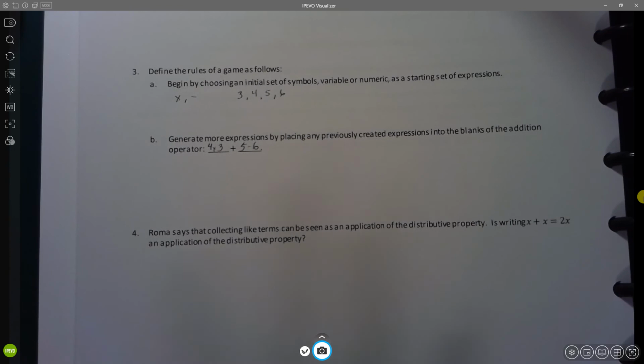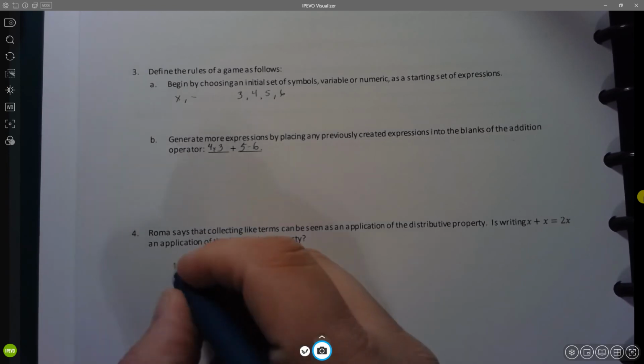Roma says that collecting like terms could be seen as an application of the distributive property. Is writing x plus x equals 2x an application of the distributive property? If you remember, the distributive property states that the number on the outside of a set of parentheses is multiplied by each number on the inside.